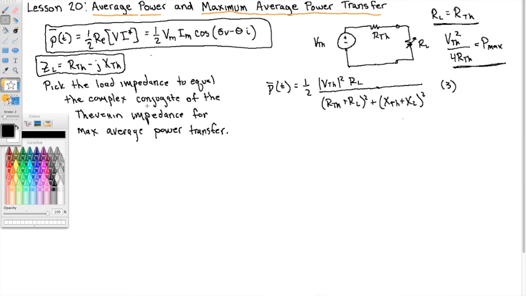So let's plug in this load impedance into equation 3 and see what we get as the maximum. One-half the magnitude of the Thevenin voltage squared. Now the load resistance that we're going to choose is equal to the Thevenin resistance.